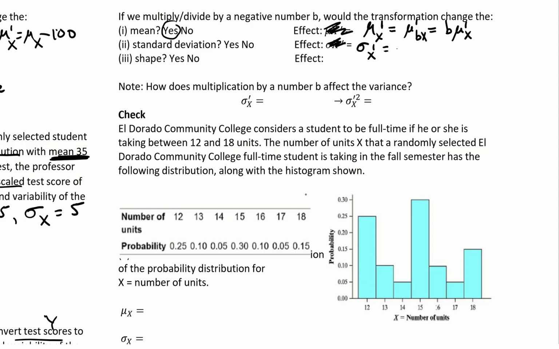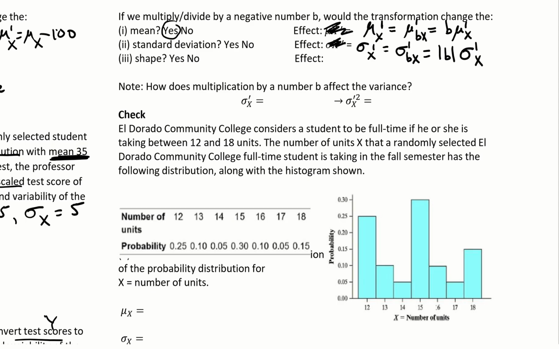Now, if you do it for the standard deviation, though, look at this. If we multiply by b, then it's not going to make the spread negative. You're going to use the absolute value of b. Okay?